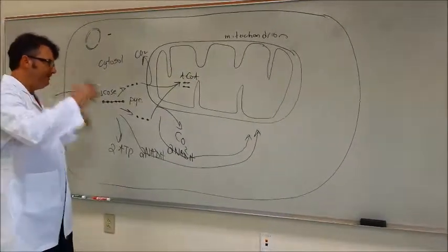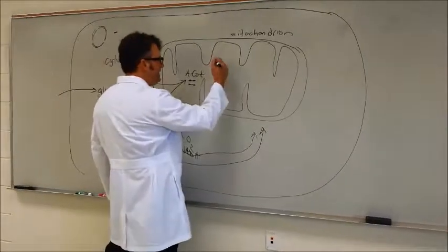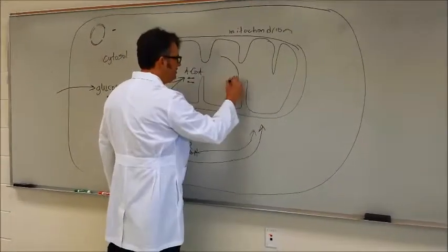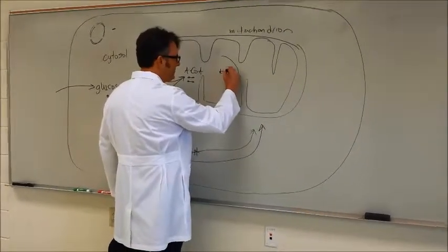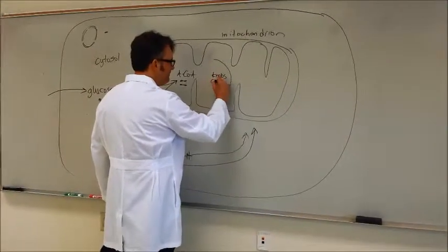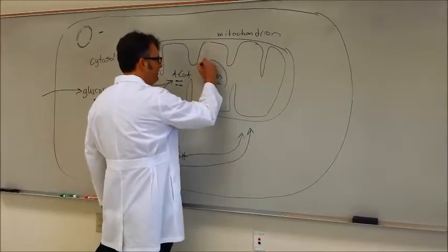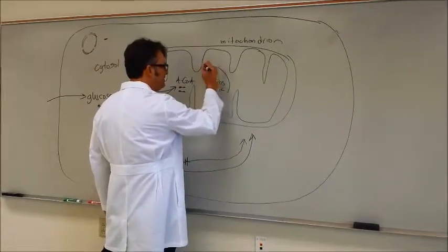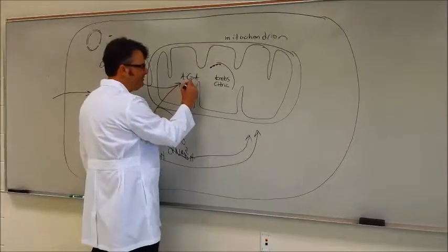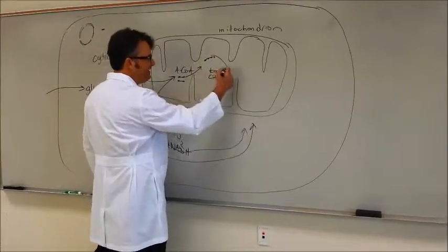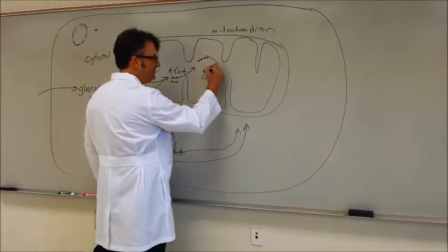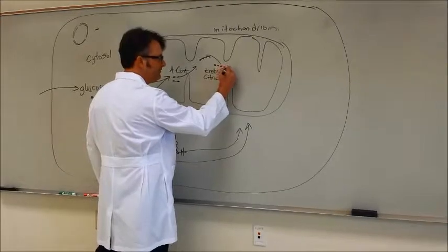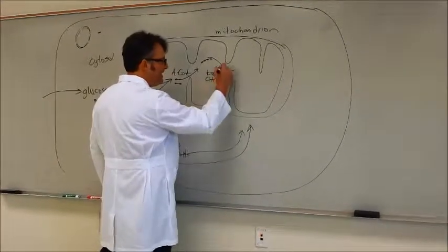Inside of the mitochondrion, there is what's called the Krebs cycle, or the citric acid cycle. In this cycle, there is a 4-carbon fragment that then picks up this 2-carbon fragment to become a 6-carbon fragment. 1, 2, 3, 4, 5, 6, like that.